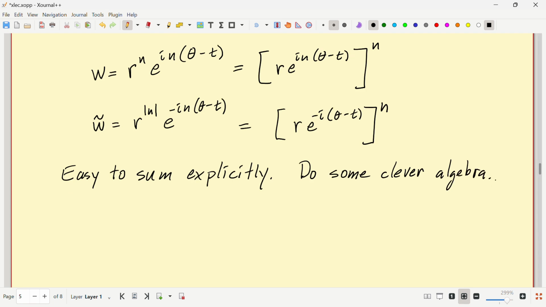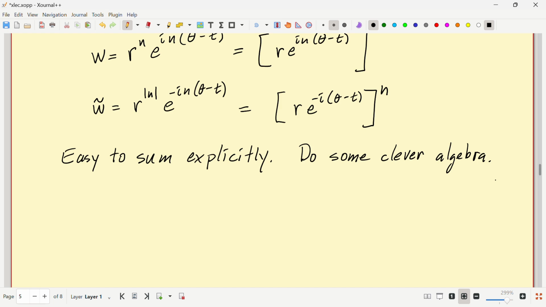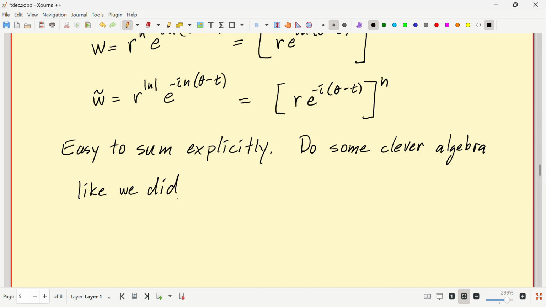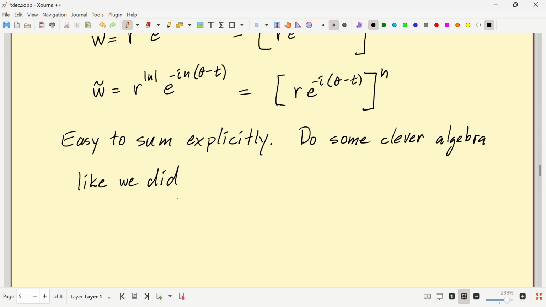Kind of like we did when we got Fejer's kernel and the Dirichlet kernel. In fact, this is the same Dirichlet kernel. I did it carefully once and don't think you'd enjoy seeing me do it again, like we did with D_n of t.